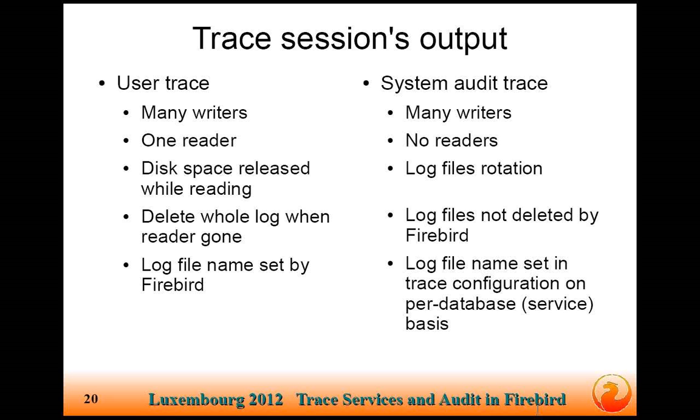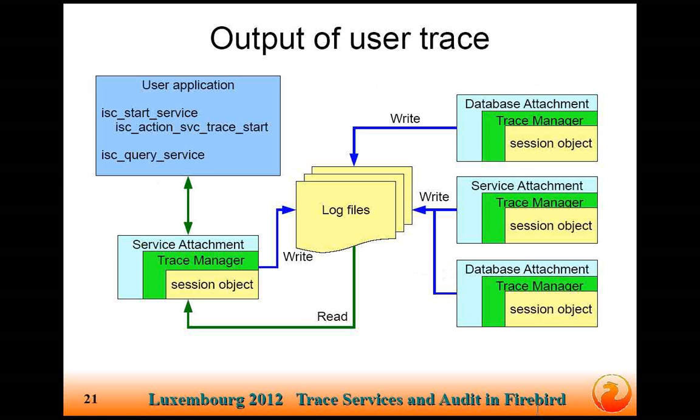So, this is a picture to maybe make it a bit easier to understand what the output of the user trace is. A user application starts the trace session by issuing an isc_service_start call, and then it constantly reads the output of the trace session using an isc_service_query call.